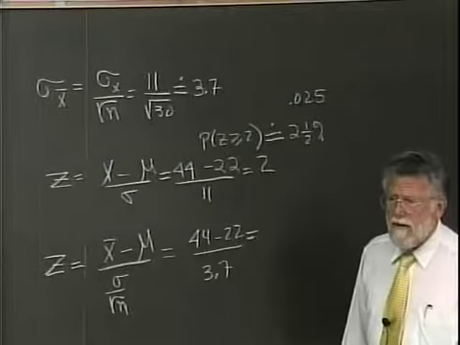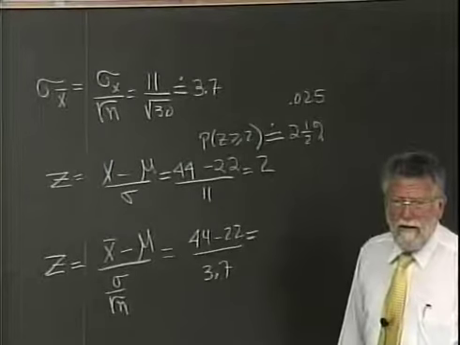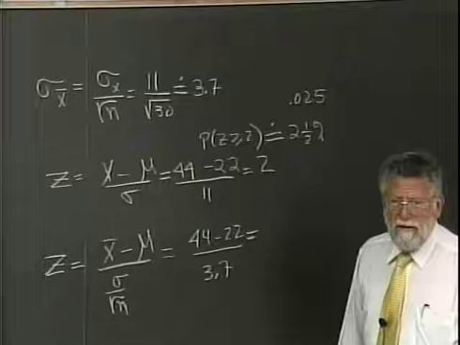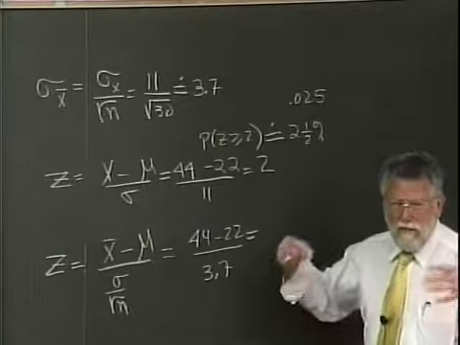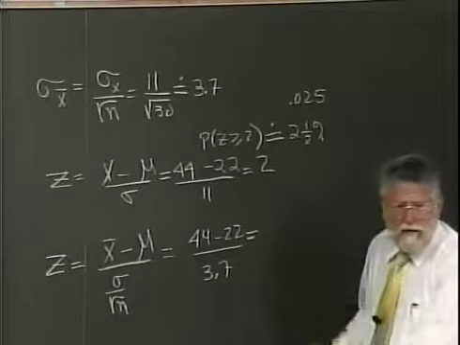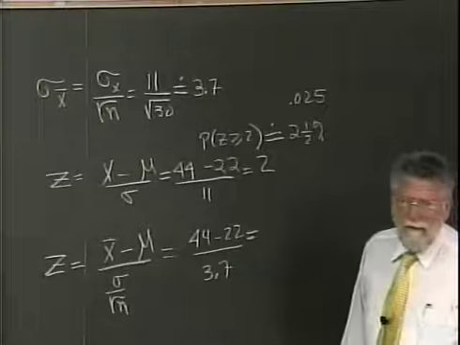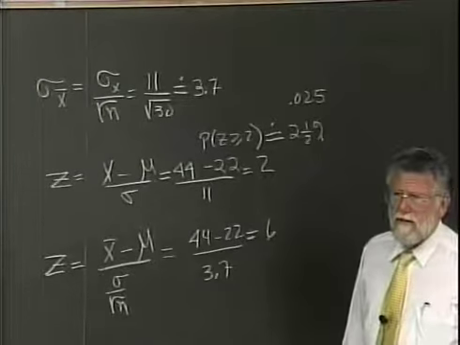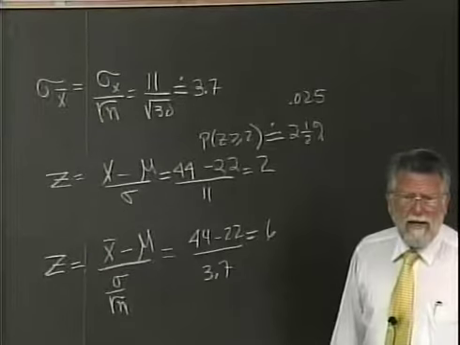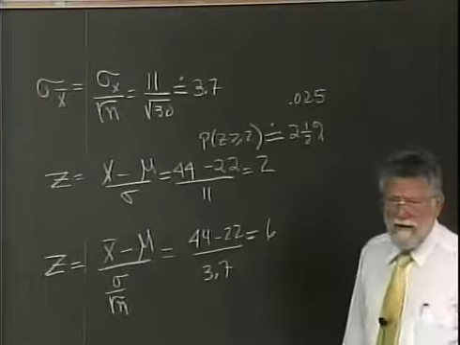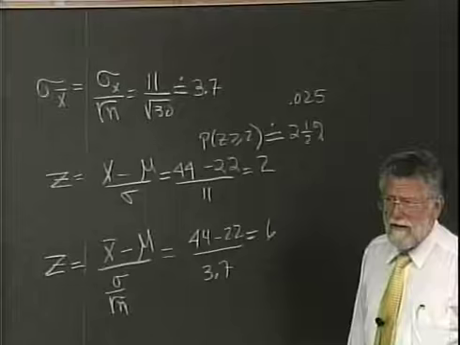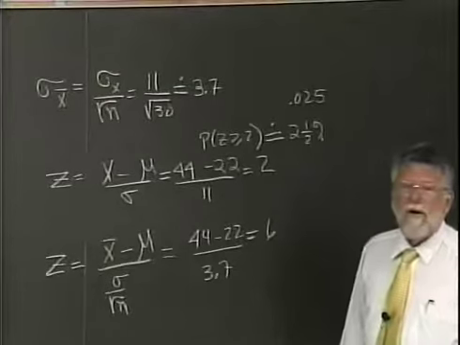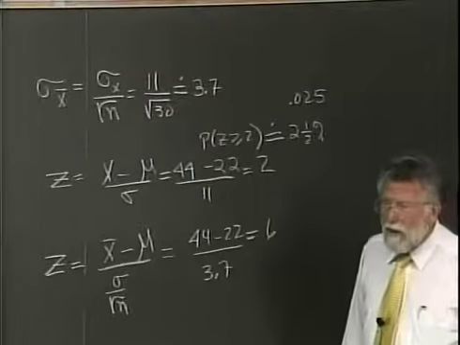Okay, what do you have? 22 over 3.7 equals on your calculator. What do you get? Roughly 6. Yes? Now, what's the area to the right of 6? Very, very small.